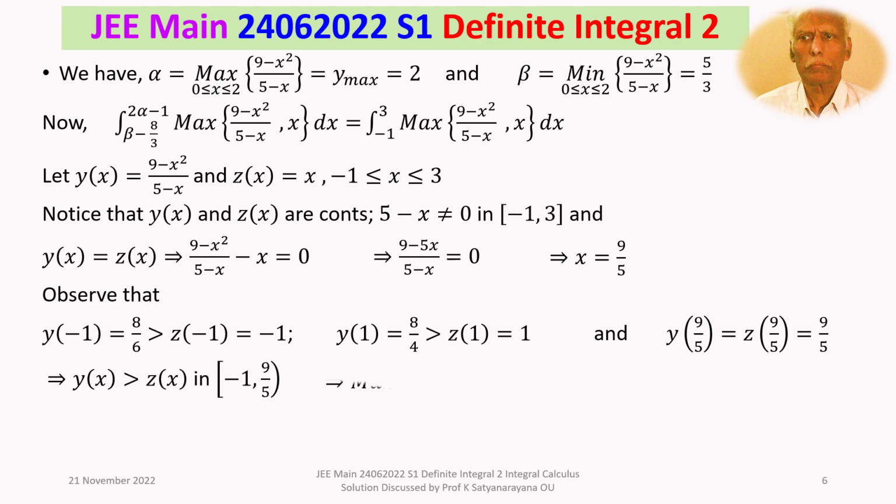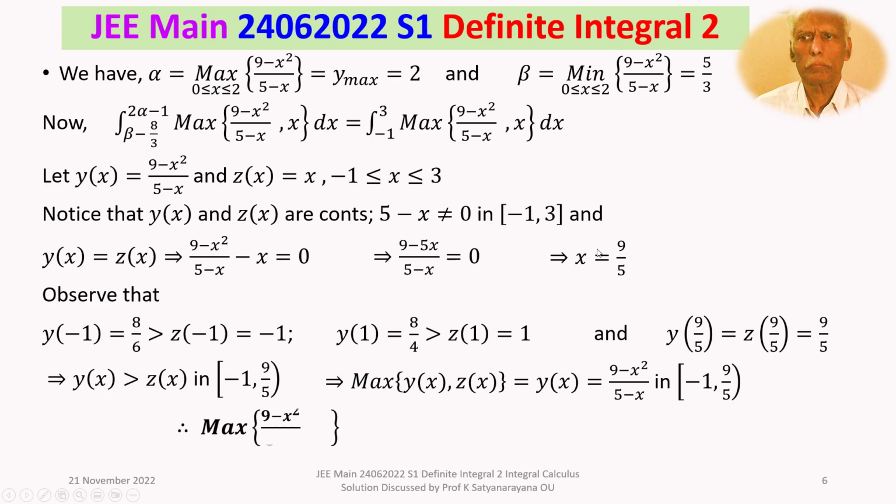That means the maximum of y of x and z of x is y of x, and y of x is (9 minus x squared) by (5 minus x) in the interval minus 1 to 9 by 5. So what happens in the remaining part of minus 1 to 3? The remaining part is 9 by 5 to 3. That we will see in the next slide.